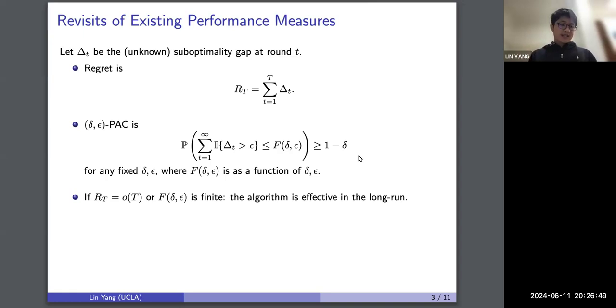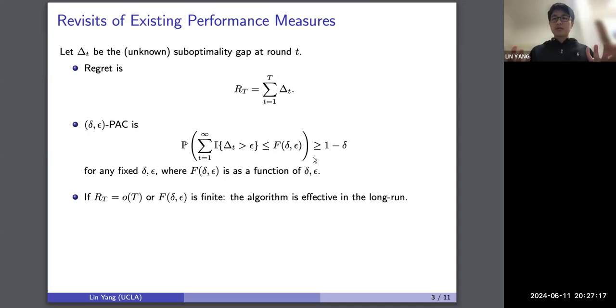If we define suboptimal arms as any arms that have a gap greater than epsilon, meaning the performance of that arm is more than epsilon away from the optimal arm, then we say that arm is suboptimal. This bounds the total number of suboptimal plays. Suppose you run the algorithm infinitely many times.